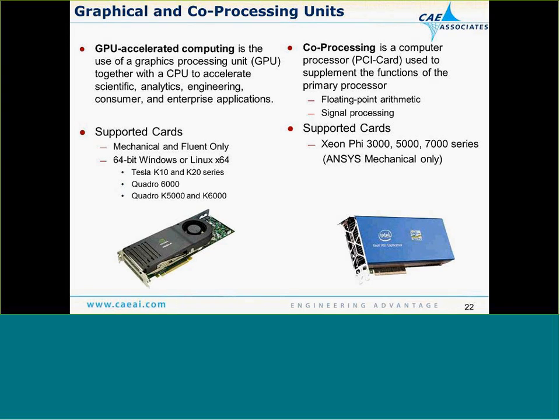GPU acceleration is supported only by Mechanical and Fluent, and in general you're looking at the Tesla and Quadro series and the high-end series. In essence, you want as much RAM on your GPU card as you can afford. And also, generally speaking, the Teslas outperform the Quadros, and the Quadro K series don't perform as well as the Quadro series cards.